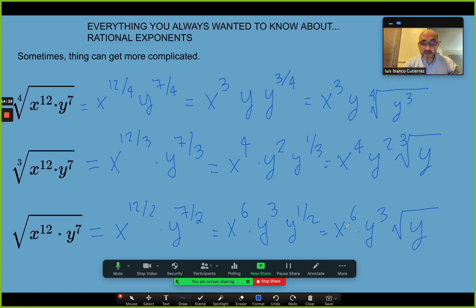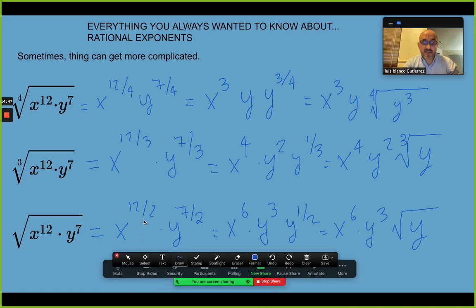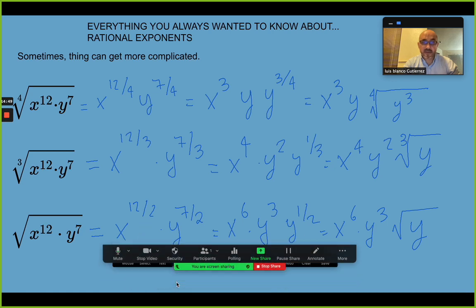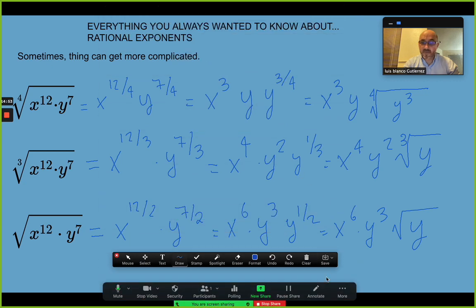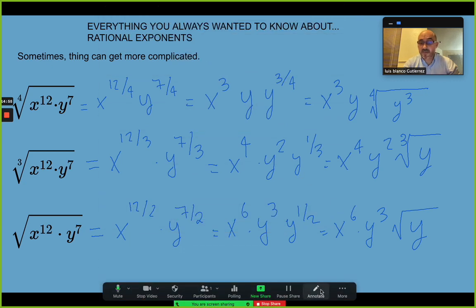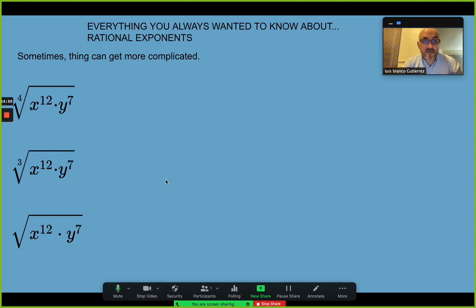Okay, like everything in math, there are more ways of doing this. So we can do this in different ways. And I will show you a couple of different ways of doing it, okay? So maybe you understand this one, you're good and you're ready to go. But another way of doing it is this one.